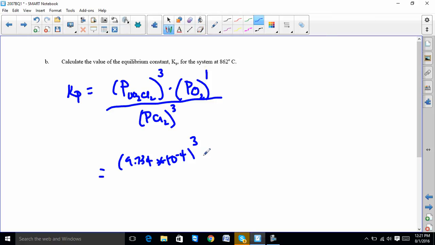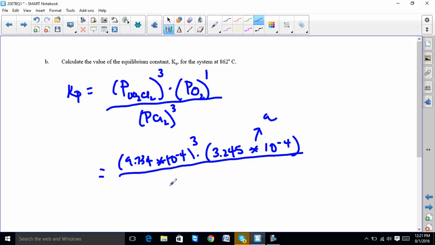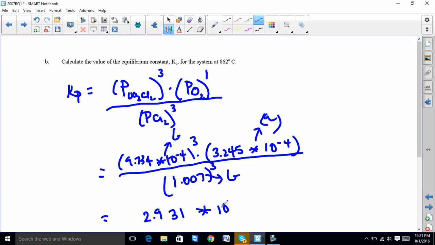Okay, and so then times, and we just figured out in A that the pressure here was 3.245 times 10 to the negative fourth. We just did that in A, and then divided by 1.007. That was cubed. So anyways, this was given, this was given, this we just calculated in A, and so the answer ends up being 2.931 times 10 to the negative 13.